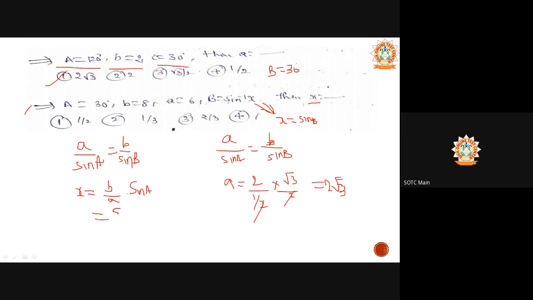That is 8. What is a? 6. Sin A, sin 30, 1 by 2. So 2 ones, 2 fours, again 2 twos, 2 threes. What is the answer? 2 by 3. Right? Clear? Option 3 is correct.